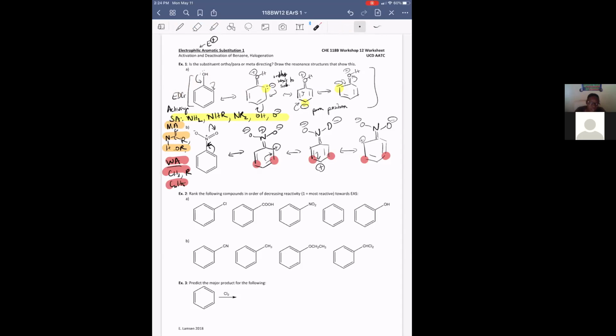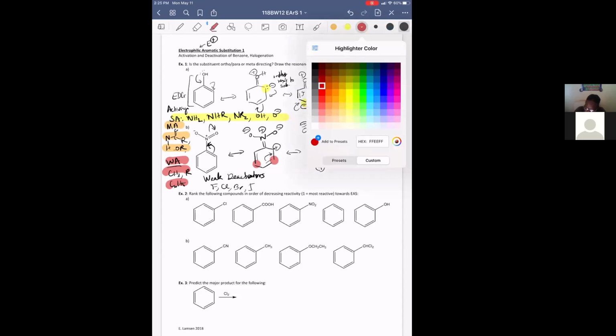Another strange class of species that are ortho-para directors actually are deactivators. So we have weak deactivators that can be ortho-para directors, and these are our halides. So these include fluorine, chlorine, bromine, iodine. So these are kind of a special class of activators. So I'm going to put these in blue.